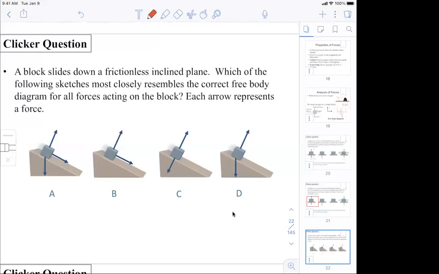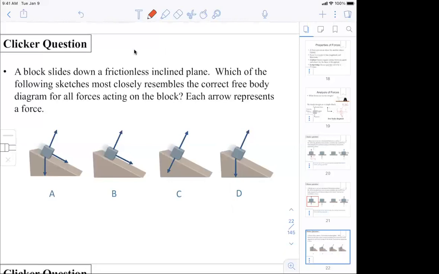So I'm going to go ahead and close the poll and then continue. You can see the results. We actually have a majority voted for A. And the second most popular answer is D. Okay.